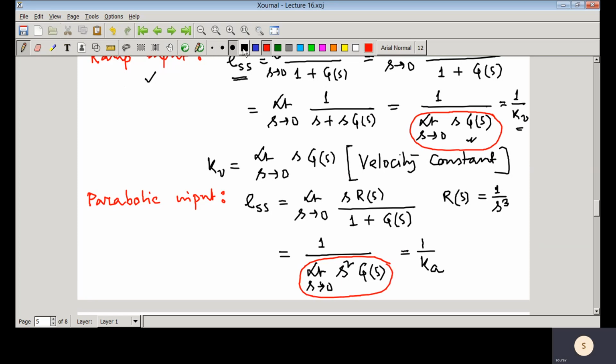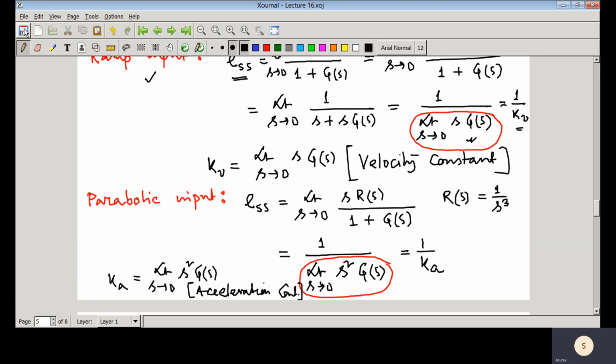So Ka is limit s tends to 0 of s square G(s), and it has a name. It is called acceleration constant.